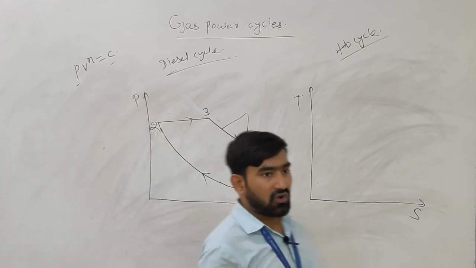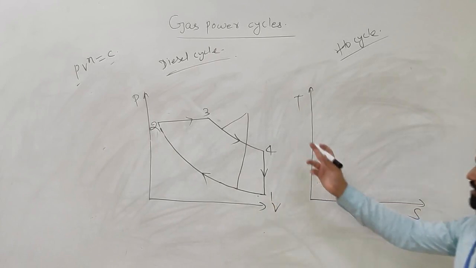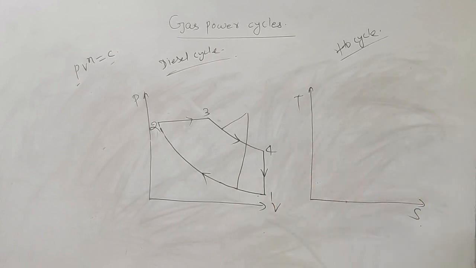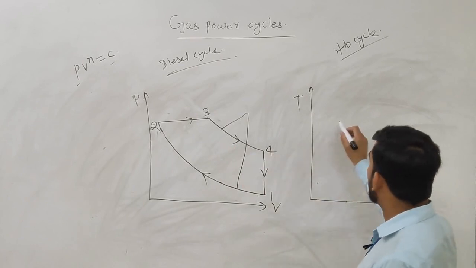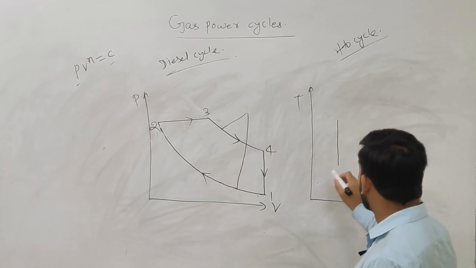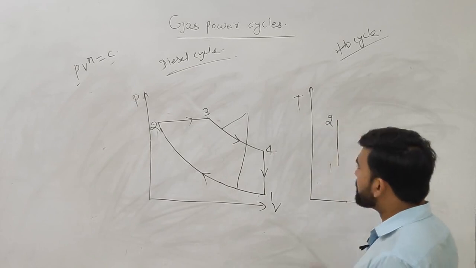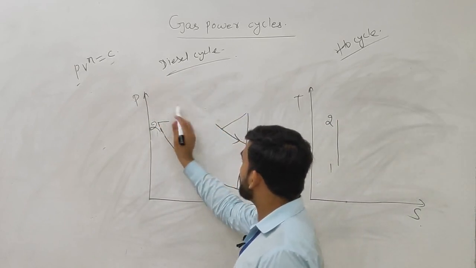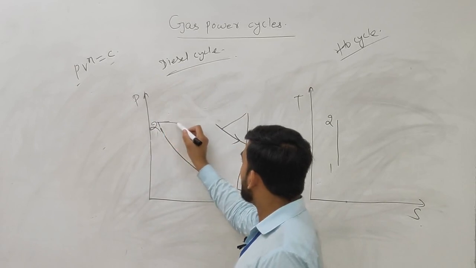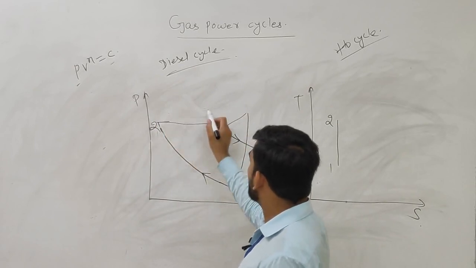And again, how can we draw this 1, 2, 3, 4 in the TS diagram? So 1 to 2 is constant entropy, this is 1 to 2. 2 to 3 is constant pressure, or you can also draw this line parallel. This is 2 to 3.